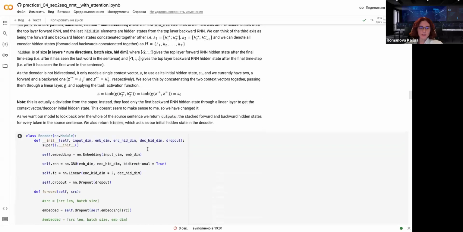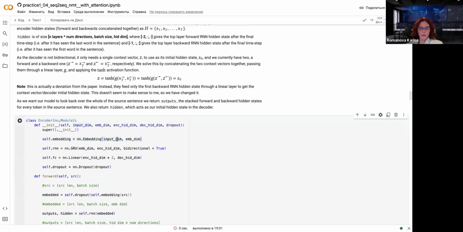But we will start with the encoder, and there won't be changes since previous lessons. We have here an embedding layer. You can see it here. It converts the input word indexes into dense vector representations known as embeddings. These embeddings capture the semantic meaning of the words.